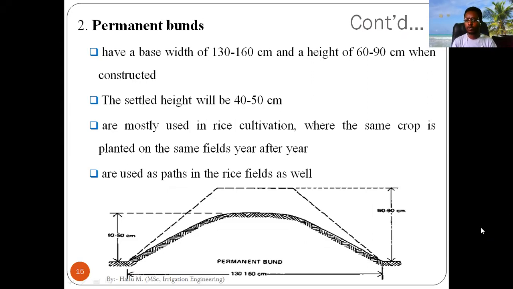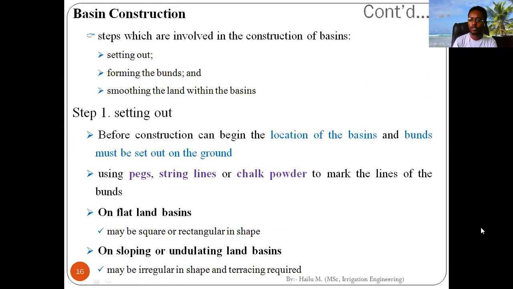While you are constructing or designing your bands, you can use these recommended sizes based on your local condition or your prior investigation. Okay. When we come to basin construction, we have to follow around 3 basic steps.